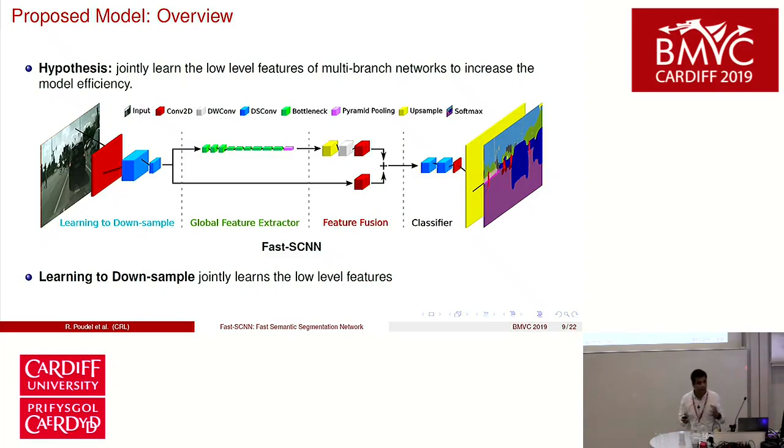Our hypothesis was this: jointly learn the low-level features of a multi-branch network to increase the model efficiency. To prove this hypothesis, we propose a learning-to-downsample model, which I'm going into in detail in a minute. The point of this is that we want to jointly learn the low-level features.